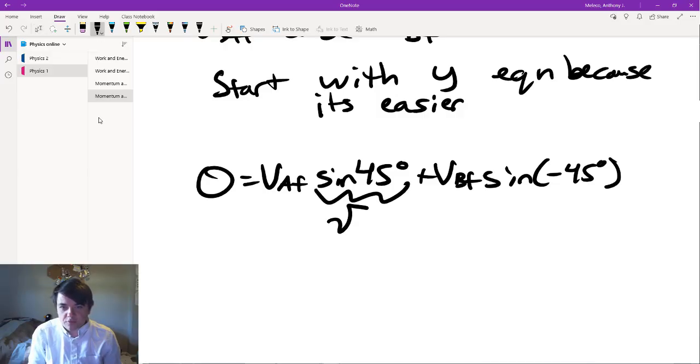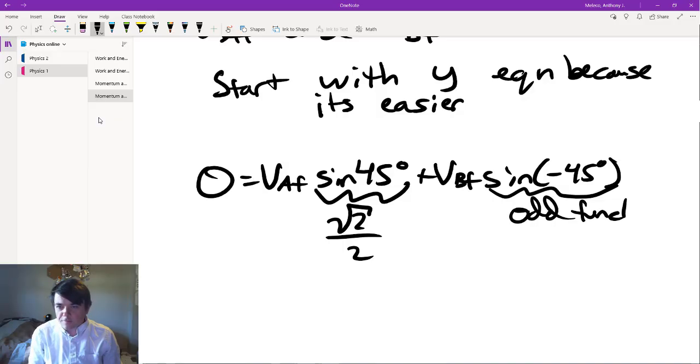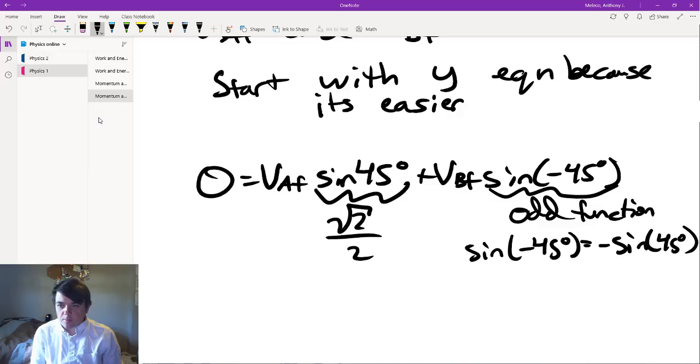Sine of 45 degrees is root 2 over 2, if you remember your trick. And this guy, do you remember even and odd functions? So this is an odd function. An odd function is a function where if you have minus 45 degrees, you can pull the negative out of the angle.